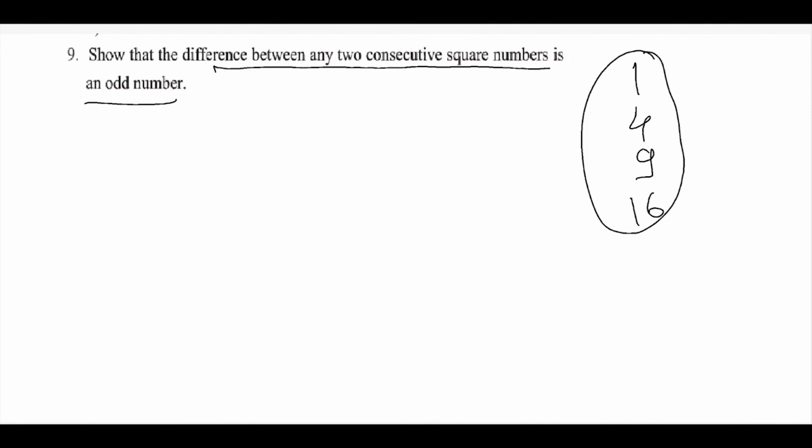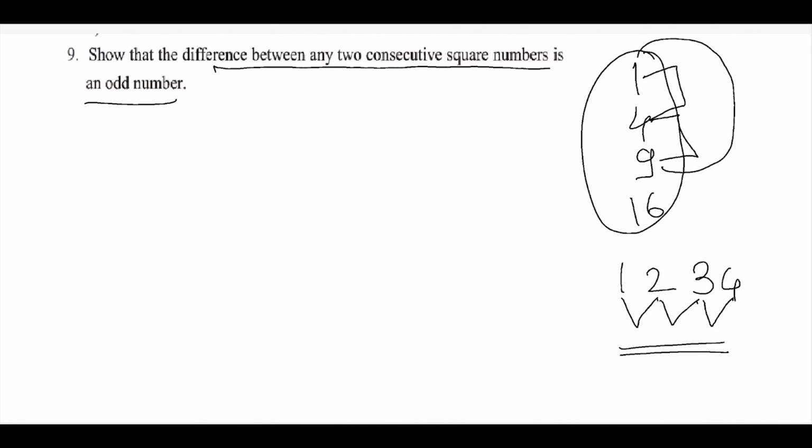So what is consecutive? 1, 2, 3, 4. These numbers come just one after another. So these are called consecutive numbers. So 1 and 4 are consecutive square numbers. 4 and 9 are consecutive square numbers. While if you take first and third, then they are not consecutive square numbers.